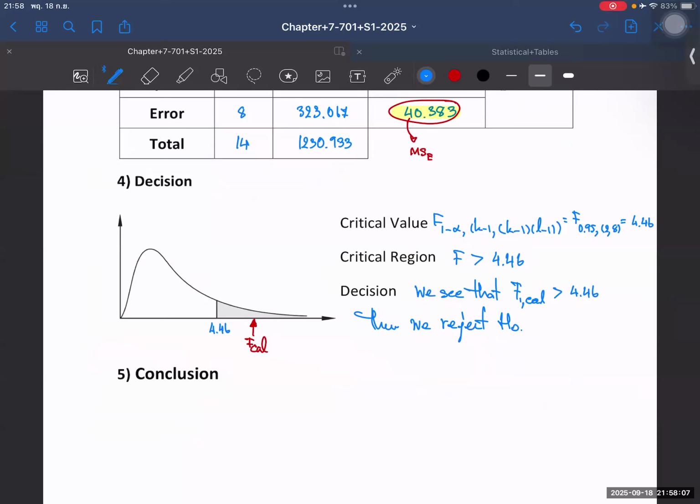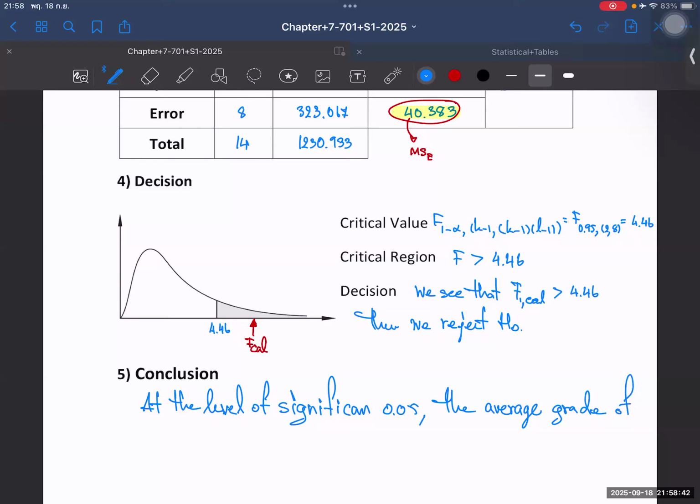So by the conclusion, at the level of significance 0.05, the average grade of the cleanness of 3 restaurants are different.